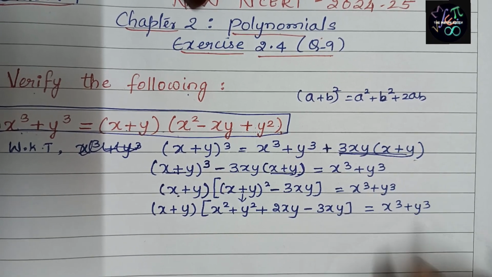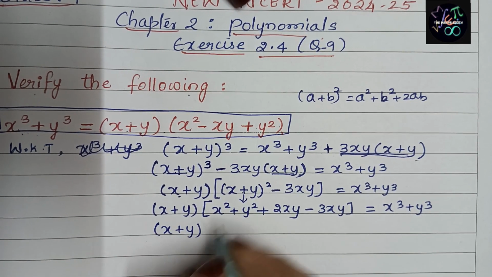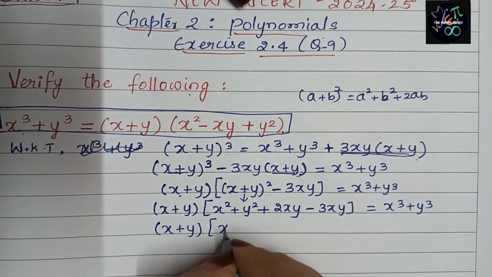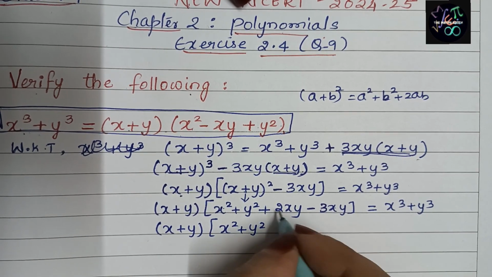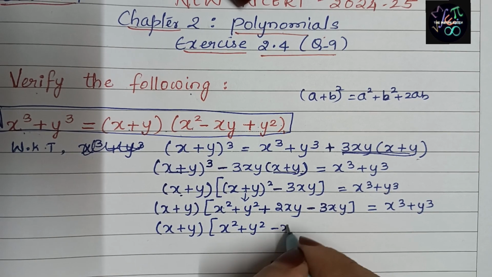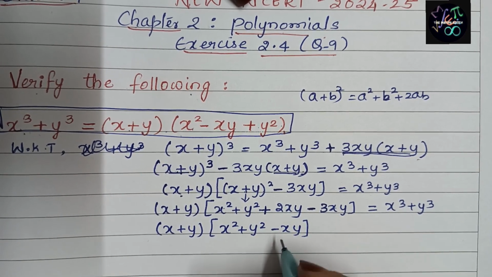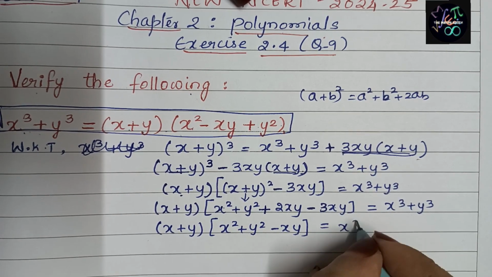Now x plus y stays as it is, x square plus y square also stays as it is, and from 3xy if we remove 2xy, what do we get? Minus xy, equal to x cube plus y cube.